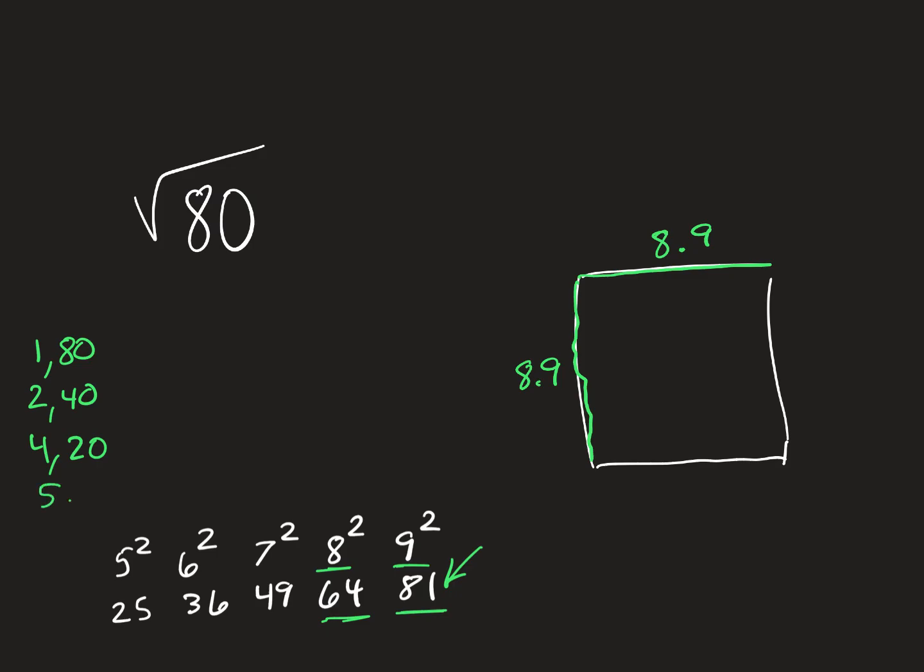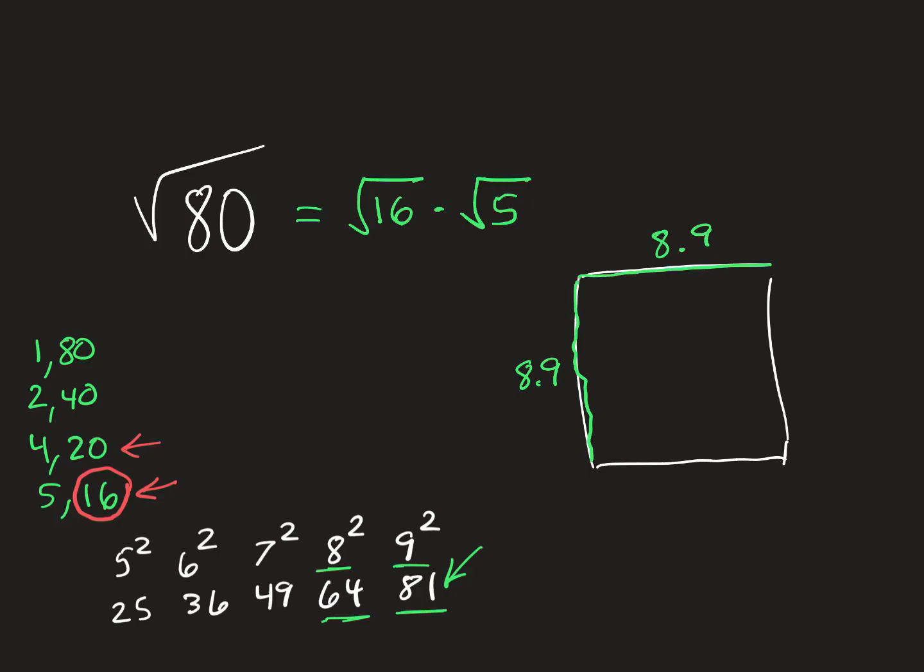Okay, what I want you to notice here is that there are, in fact, 2 factor pairs that have a perfect square in them. We want to take the largest one. So the largest one is 16. We can get there with a smaller one, but we can get there faster with a larger one. So I'm going to rewrite this as the square root of 16 times the square root of 5.